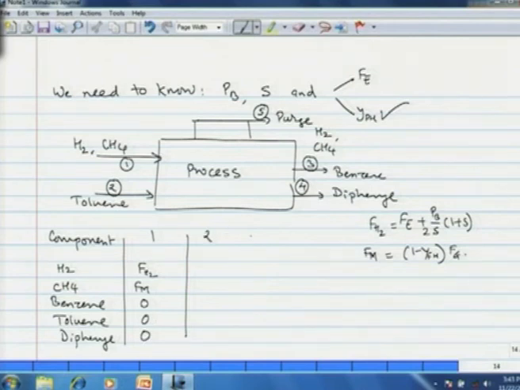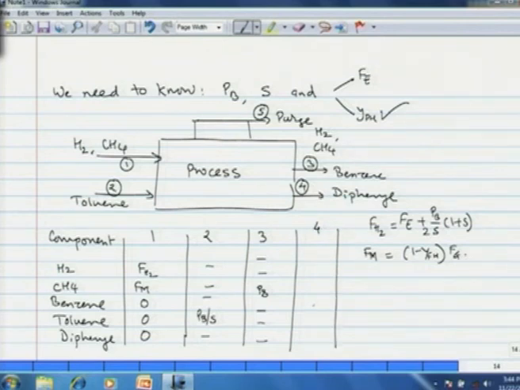Okay. There are no other components associated with it. The second stream, which is toluene, contains only toluene, and the flow rate is Pb by S as we just derived. The number 3 stream, which is the primary product, contains only benzene that has production rate of Pb and no other product. Then number 4 stream, which is diphenyl, contains diphenyl, which is Pb divided by 2S into 1 minus S, and no other component.